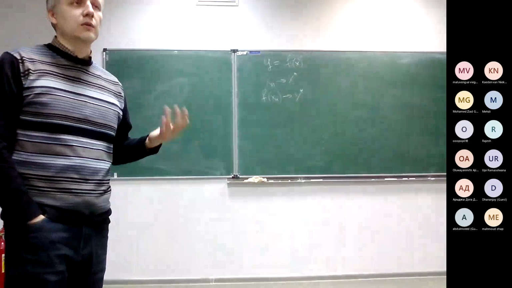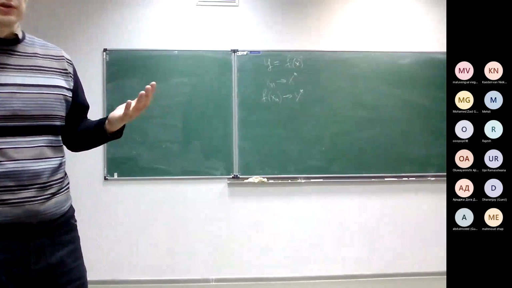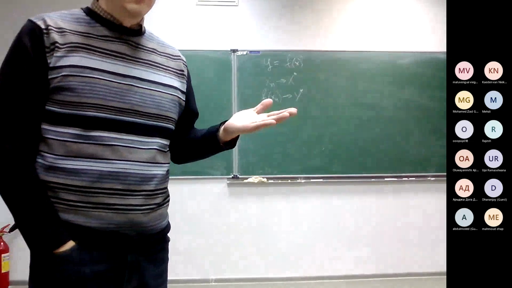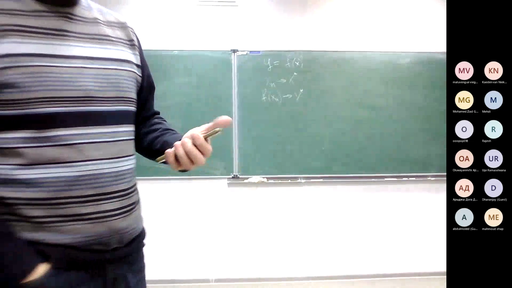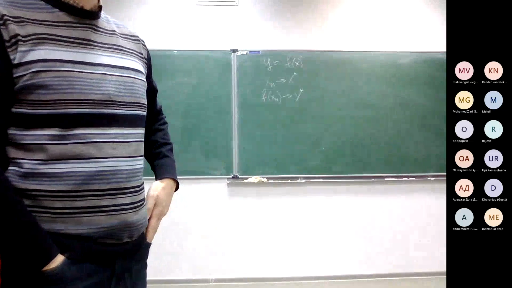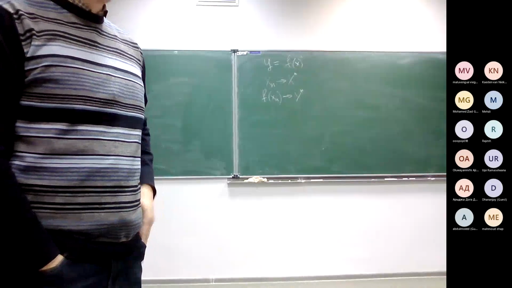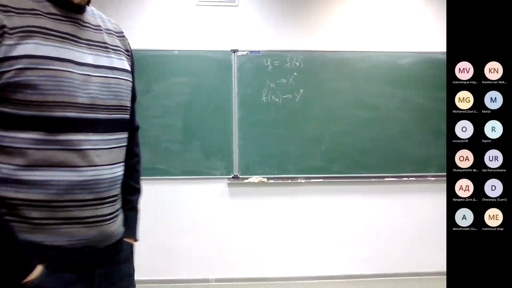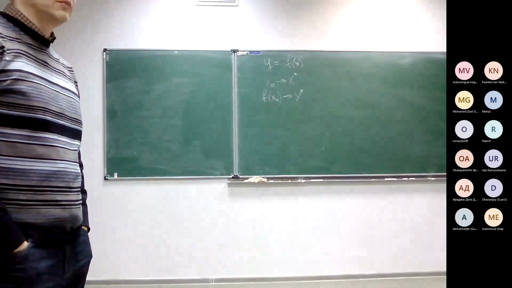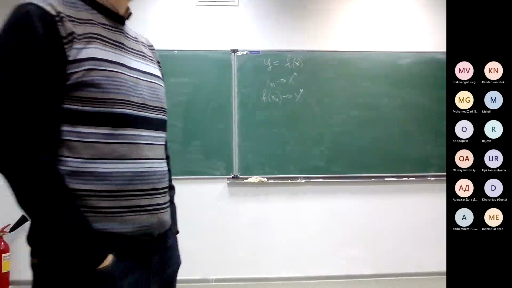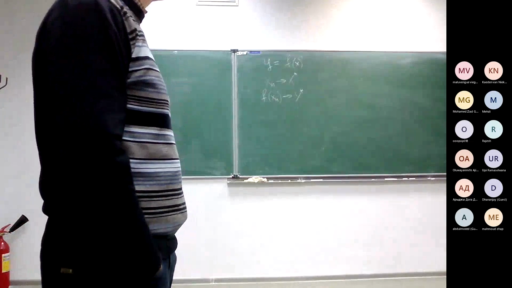So how do you understand what function is called continuous? The function is continuous on an interval if every real number of this interval has an image under this function.